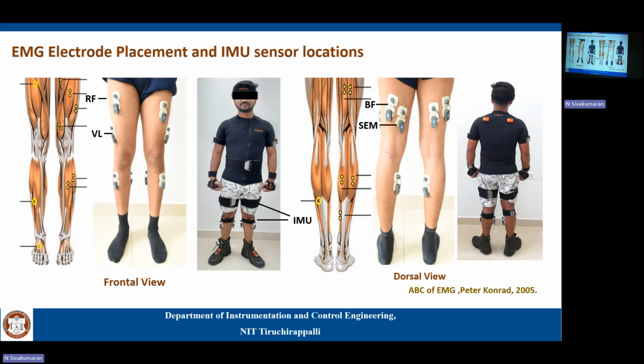When I do a curl, the biceps is the agonist and the opposite side, the triceps, is the antagonist. Both are important. If one is not there, we will not have any control. You cannot move or fold.